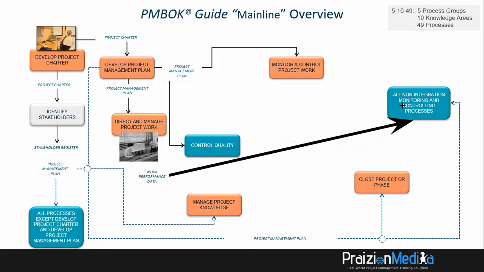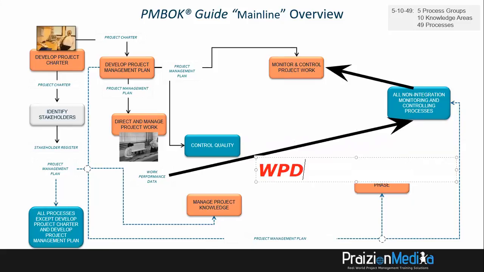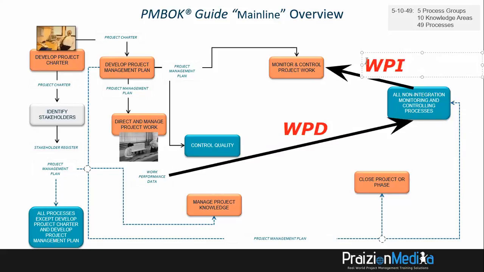And from these, you will get an output that goes directly in here. Now, I don't show it as clearly as this in the final image, and that's why I want you to pay close attention to this. So look at this as WPD going in to every non-integration monitoring and controlling process, WPI coming out of them and going into monitor and control project work.